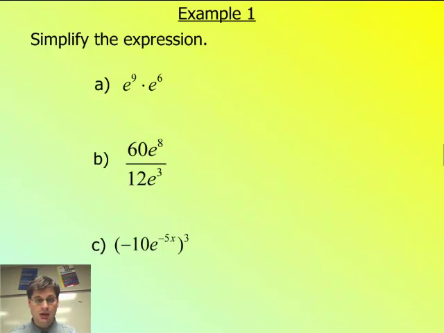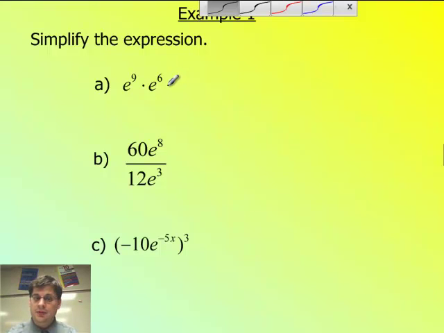So here we have an example. We want to simplify these expressions. Instead of writing that irrational number, we're just going to use the symbol e. For a, I want to simplify e to the ninth times e to the sixth. I can do that fairly easily, knowing that e represents that long irrational number.